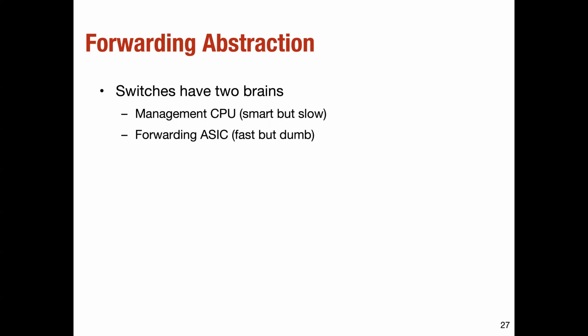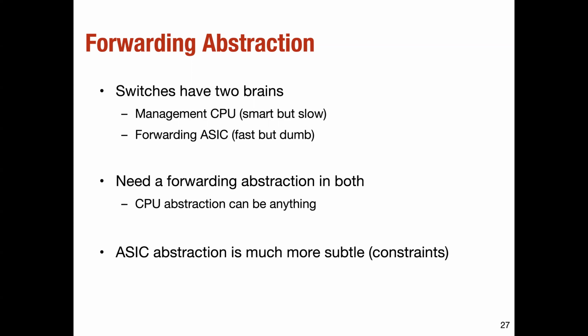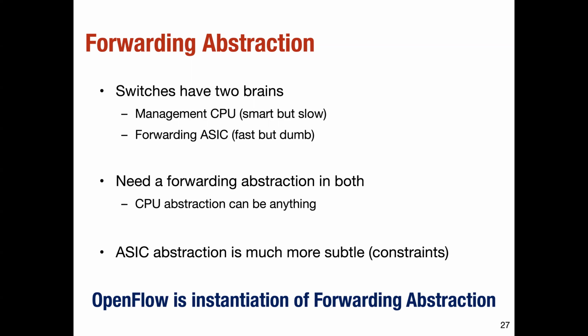We need a forwarding abstraction for both of these, but the CPU abstraction can be anything because it is a general purpose computer. The ASIC abstraction is a bit more subtle, because it has a lot of constraints in terms of what type of packet processing it can do. So OpenFlow is an instantiation of the forwarding abstraction, right?